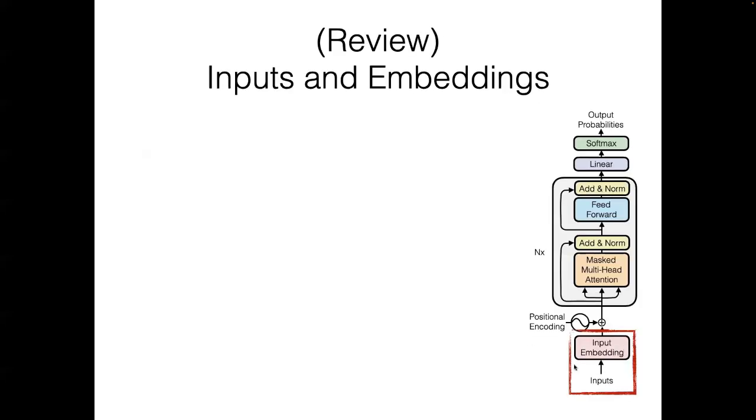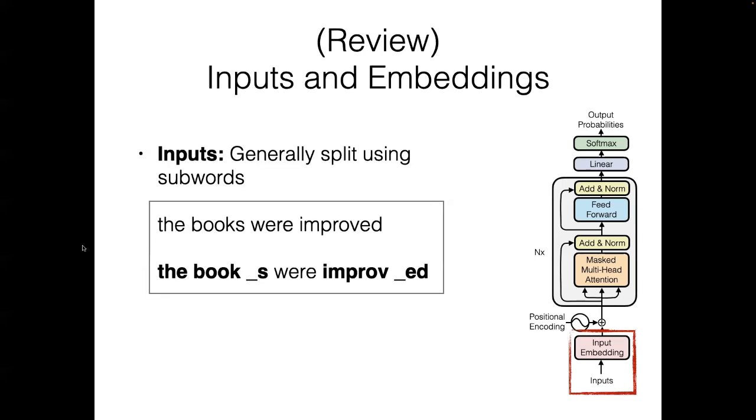So first we'll look at the very bottom of the network. We'll look at how these inputs are given to the network. Here, if you remember, we went over this idea of tokenization, tokenizing things into subwords, and then having some embedding layer, where each token corresponds to some learned vector.